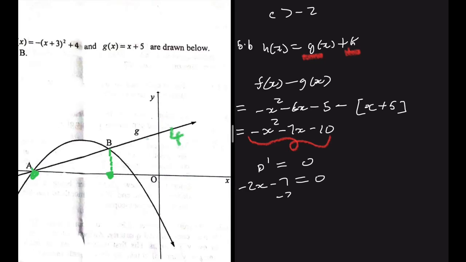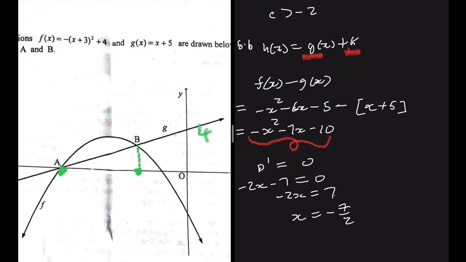So we're gonna have minus 2x being equal to 7, right? So x is clearly equal to minus 7 divided by 2. Let me just put minus 7 divided by 2 in the calculator. It's minus 3.5, right? And minus 3.5 is between minus 5 and minus 2.